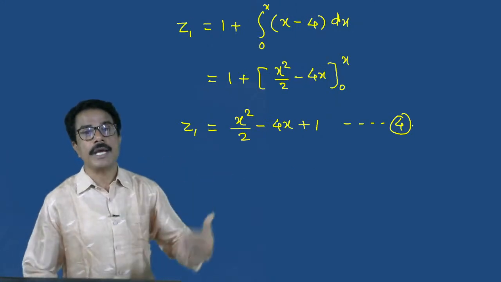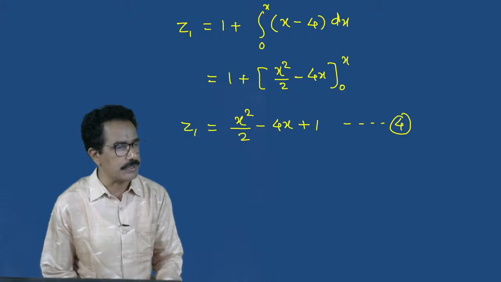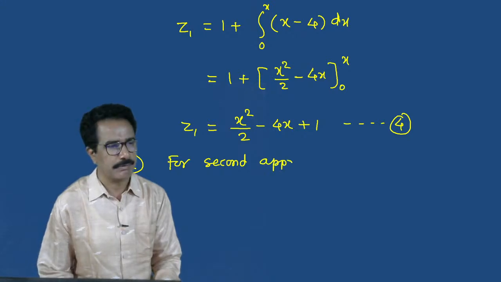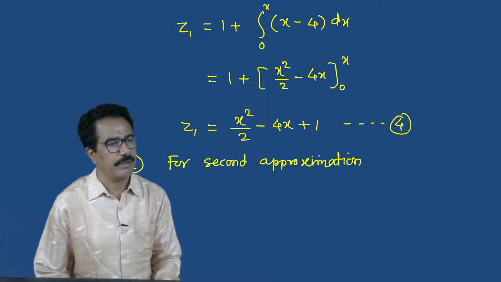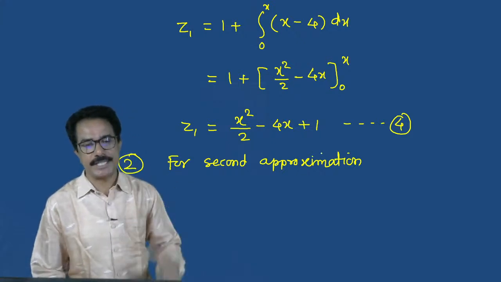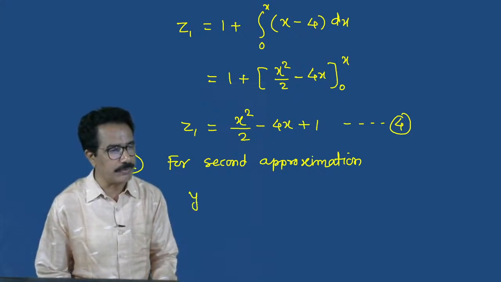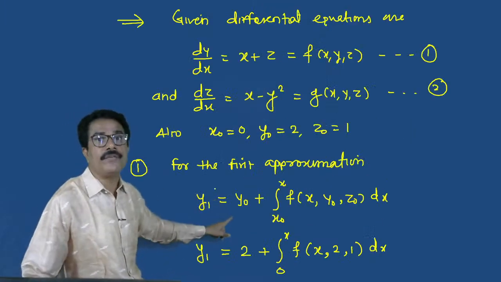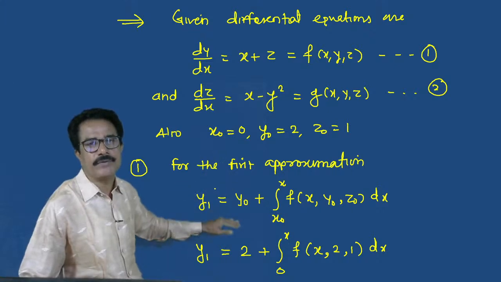Now, we have to calculate the second approximation. So, now for the second approximation, how can we write the second approximation for y? First of all, we have to calculate the second approximation for y, then we can calculate for z.